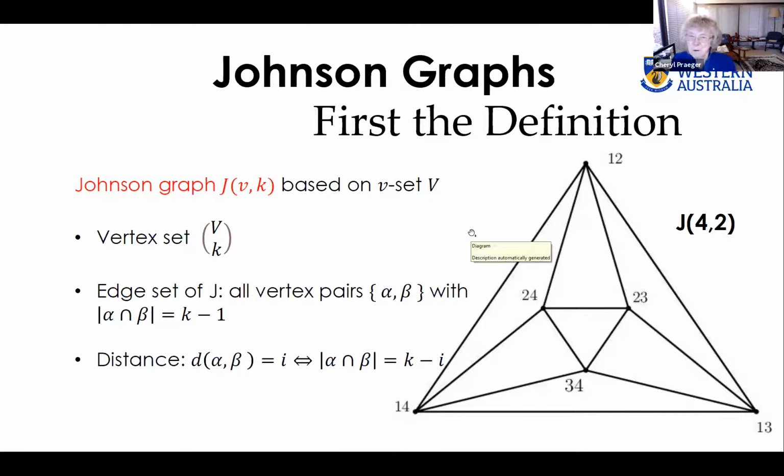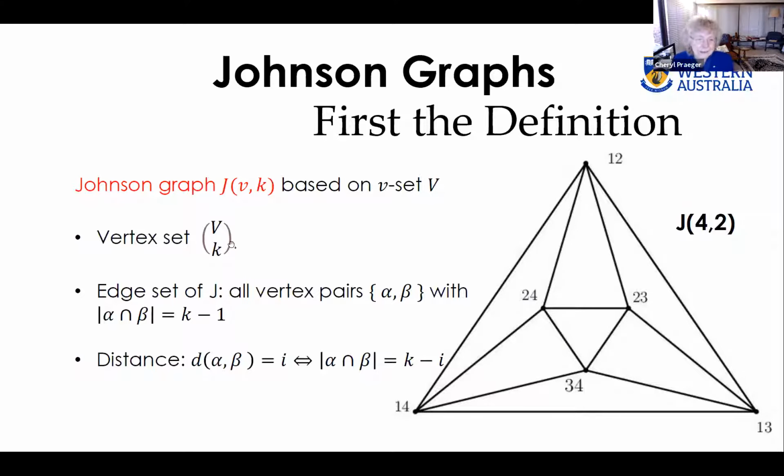So first, let's make sure that we all know what I mean by a Johnson graph. A Johnson graph has two parameters, V and K. It's based on a V element set, capital V, and the vertices are all the K element subsets of V. Here is a picture of a small one. When I've got these labels on the vertices, I really think of them as unordered sets.